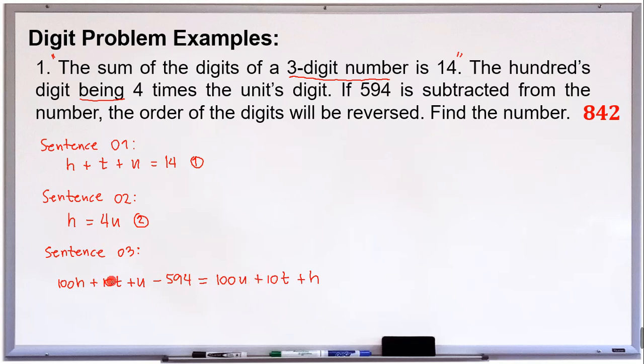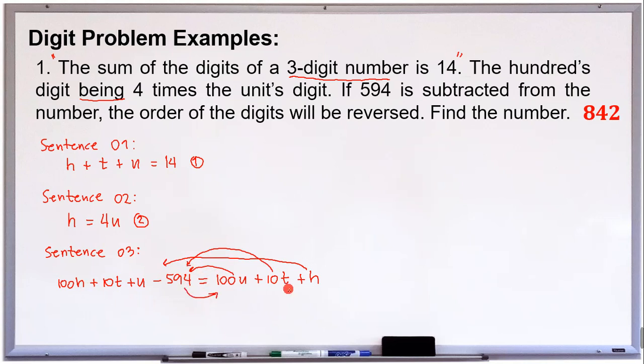So for sentence 3, we need to simplify the equation. We're going to combine like terms. Now we can transpose H to the left side, and U and T also, and then isolate the constant to the right side.